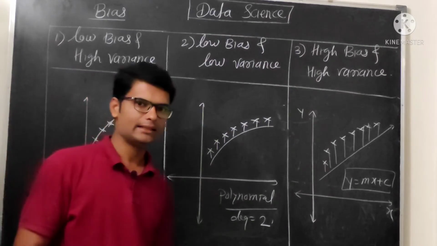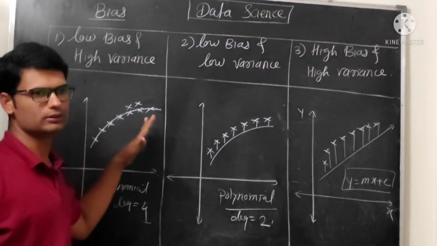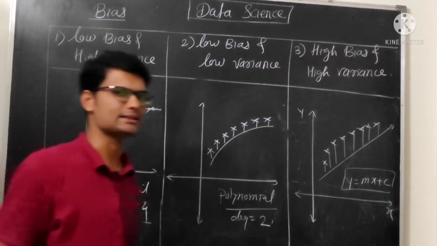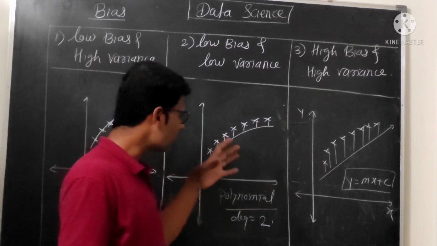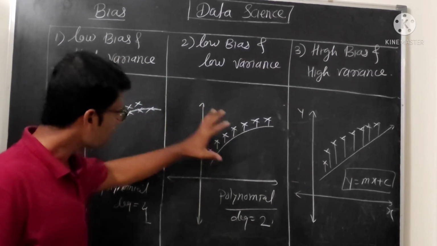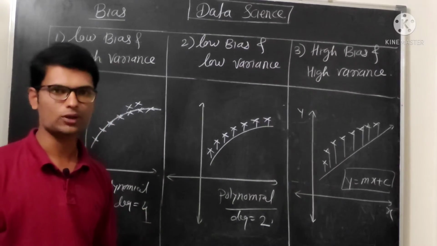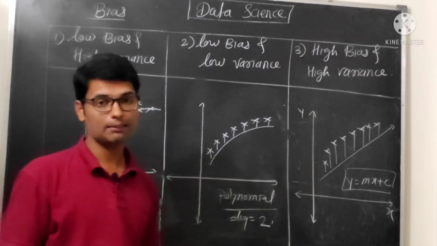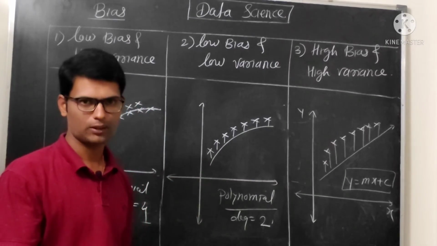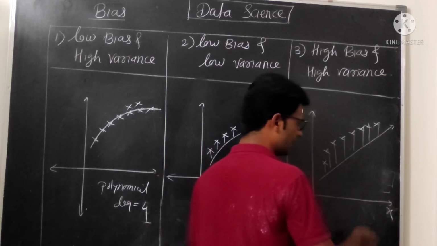Now we can say that for mathematical purposes this model is very good, but this is not the case in data science. Why? Because suppose this model is perfect for the training data. Suppose I give you extra points, that is, testing data points, and suppose my testing data points are like here.